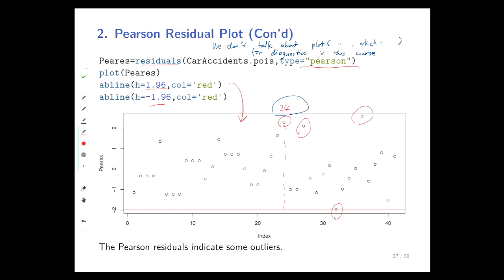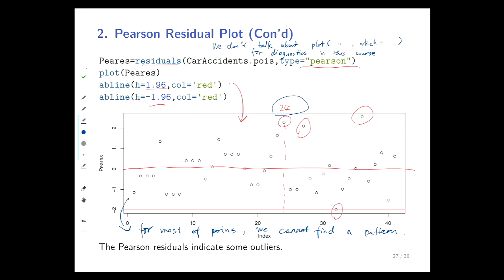And also, if we have a look at this plot and find that around 0 we cannot find a pattern for most of the points, that can imply most points or most observations satisfy the model assumptions.